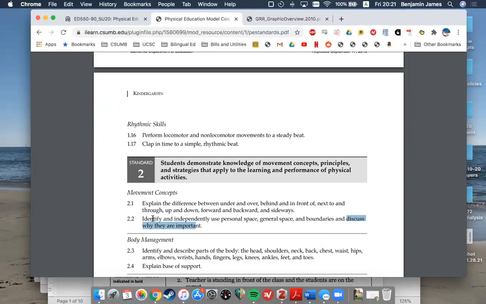There's a lot here. We have identify, use, discuss. It's perfectly fine if we're using this one to focus on just one or two of them. You wouldn't have to fit all of them. You might go for it, and I think you probably could in this case, but you don't have to hit all of the verbs. But there's really clear things that you could do here.